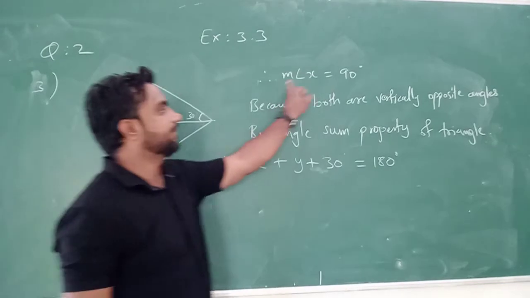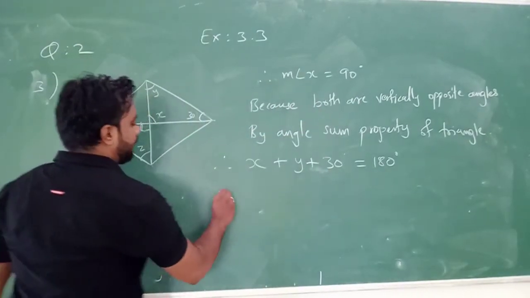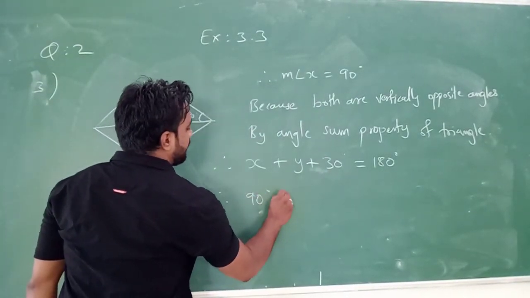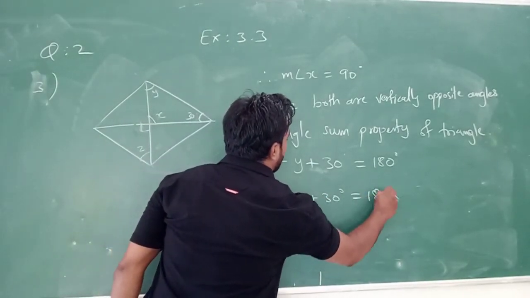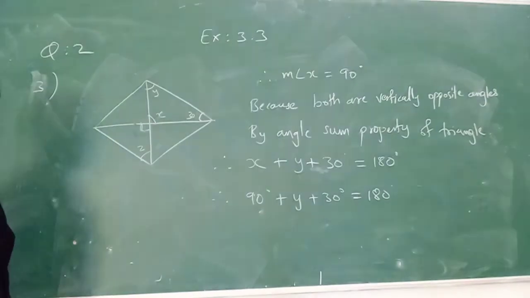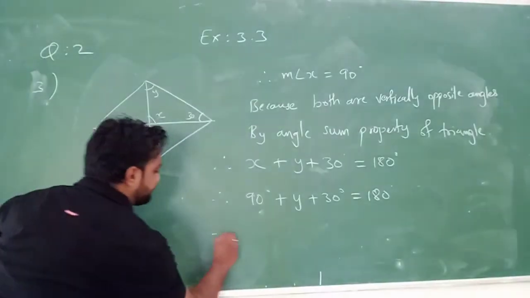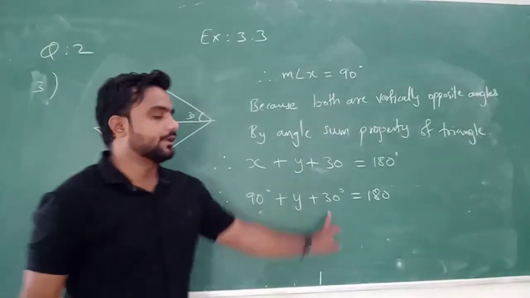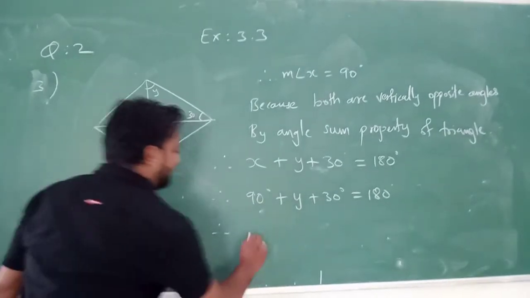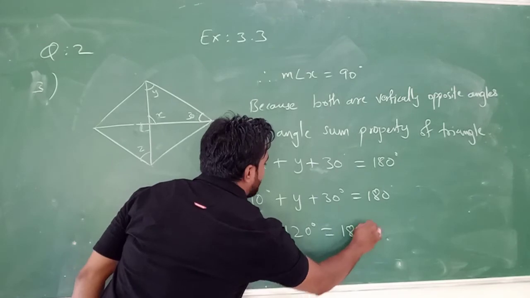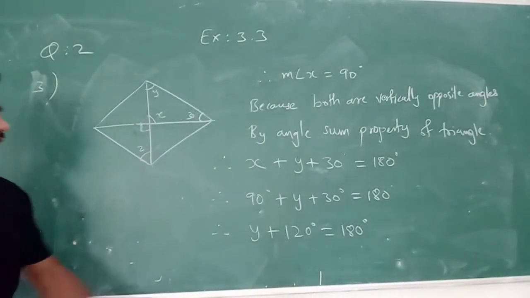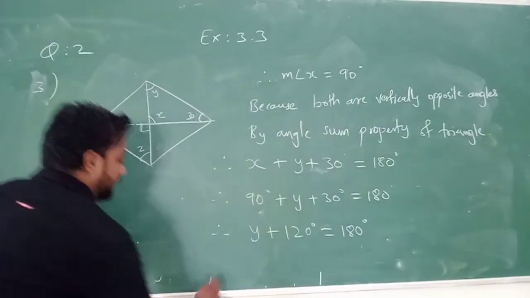X की value हमने क्या find की है? That is 90 degree. So therefore 90 degree plus y plus 30 degree is equal to 180 degree. Understand or not? So now 90 plus 30 is equal to 120 degree. So y plus 120 degree is equal to 180 degree. Now changing the side of 120 will give you the value of y.